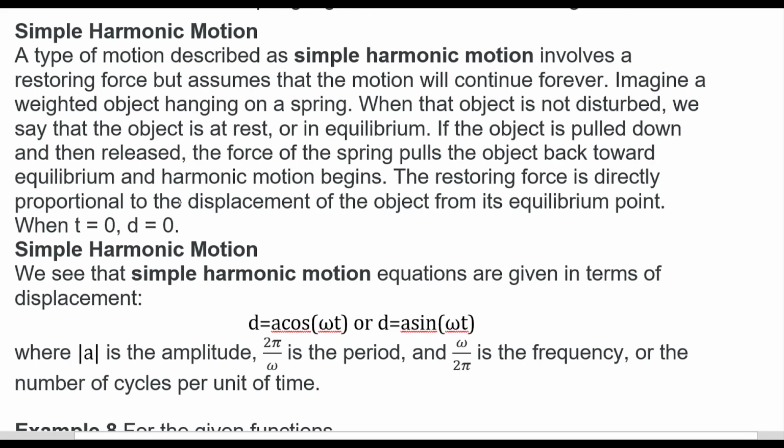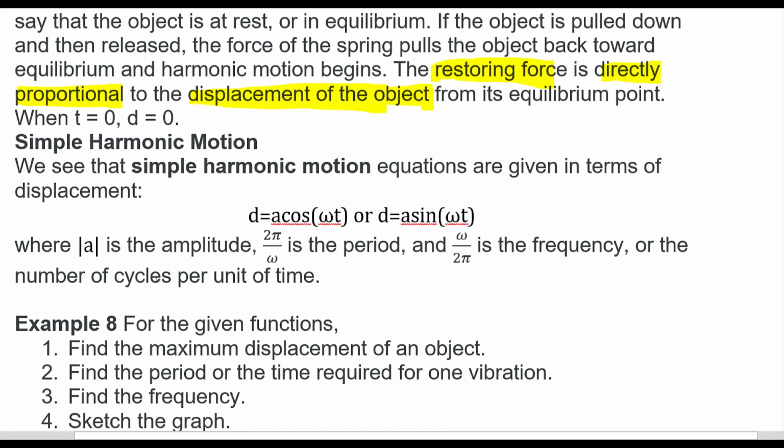The restoring force is directly proportional to the displacement of the object from its equilibrium point when time equals 0 and distance is 0. So simple harmonic motion can be modeled this way.